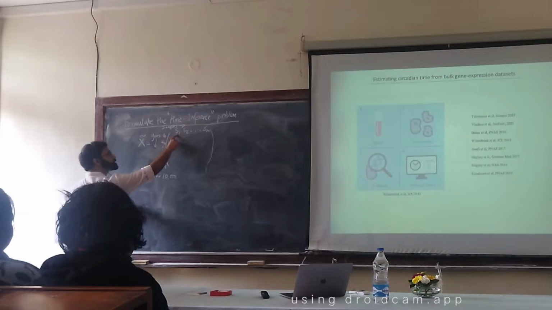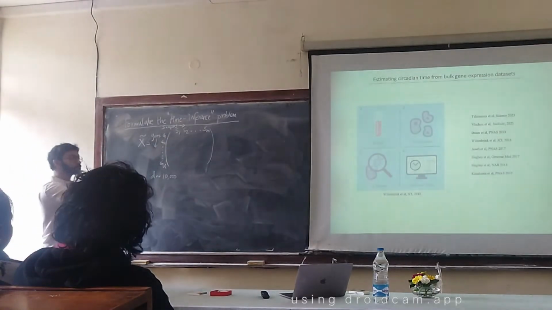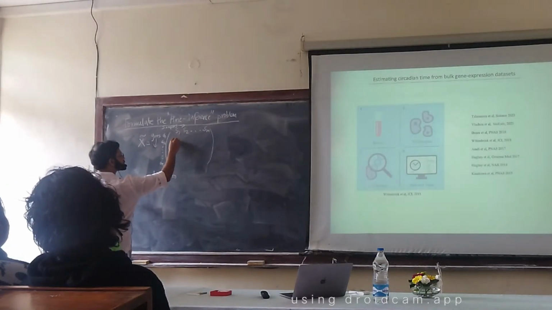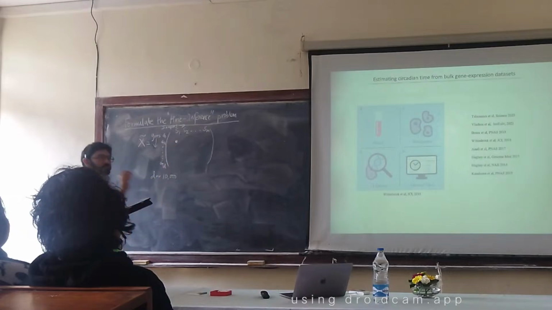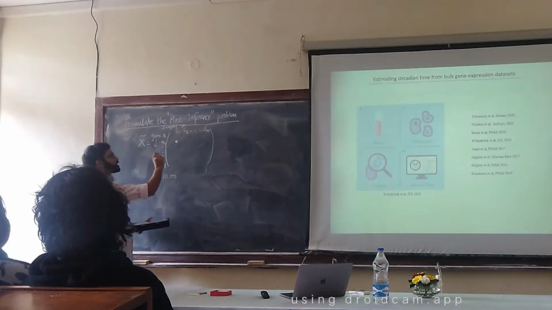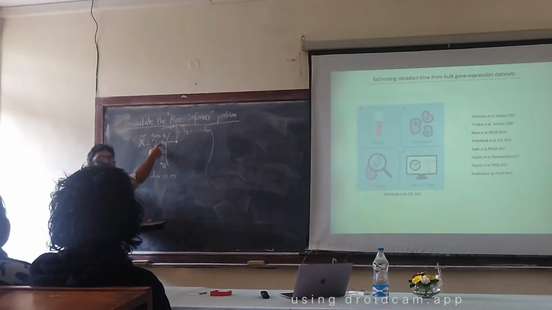So samples are from different tissues of your body, or for example, from different individuals. Okay? What you're doing here, each entry will be a number, and that number represents how many mRNA molecules of the gene G2 existed in the sample S1.